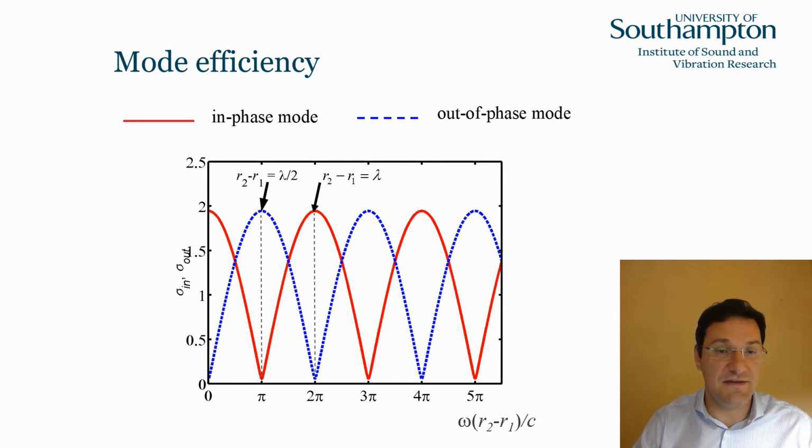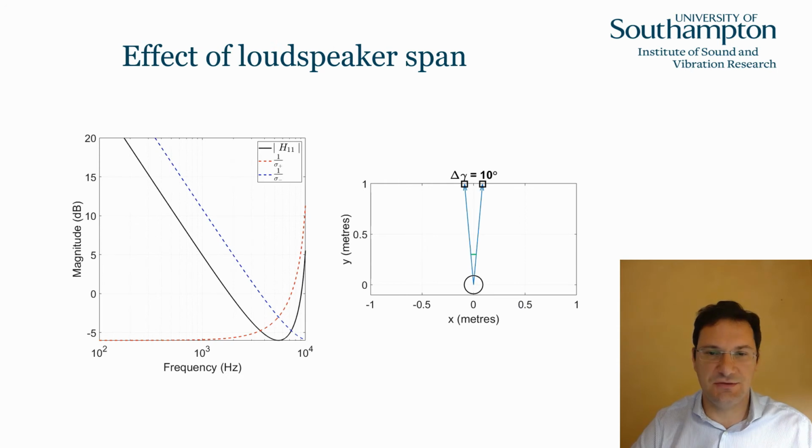So we've seen here that the path difference R2 minus R1 plays a very important role. And the path difference is, of course, a function of the loudspeaker span. This animation represents the effect of the loudspeaker span on the energy or the frequency response of the filters. Here on the right hand side, you see the two loudspeakers at 10 degrees.